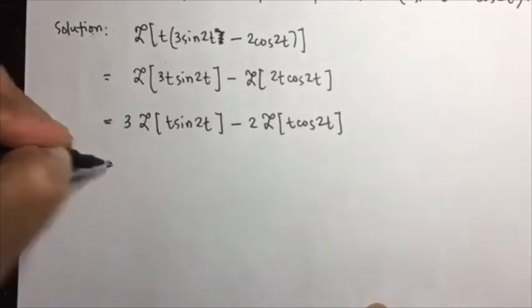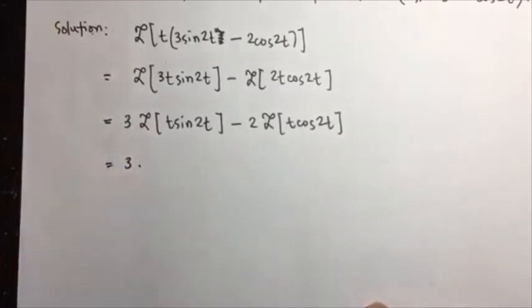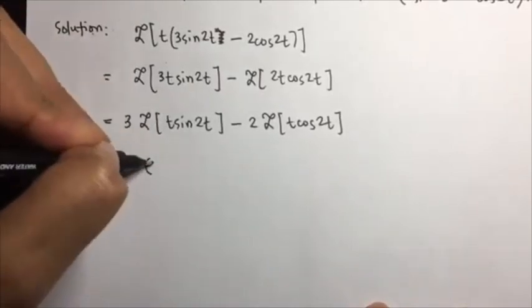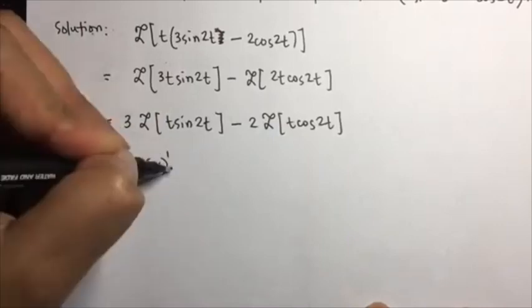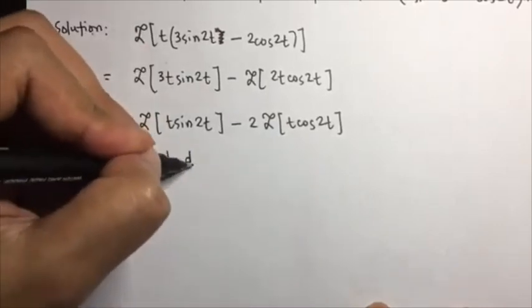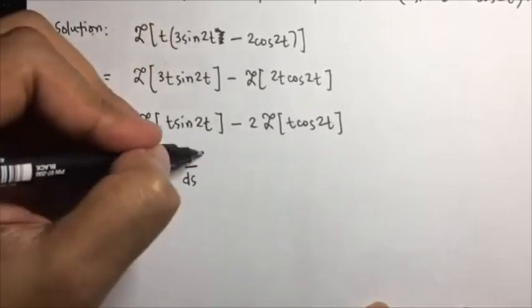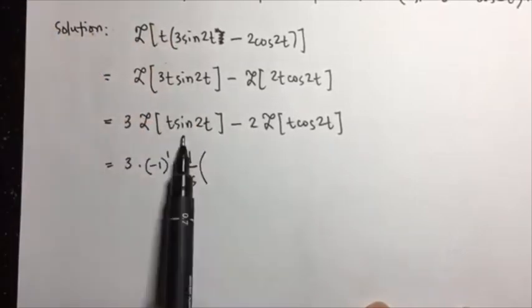So this will become 3, using the formula, where our n is equal to 1, the exponent of t. So we'll have negative 1 raised to 1 multiplied by the derivative with respect to s of the Laplace transform of sine 2t.